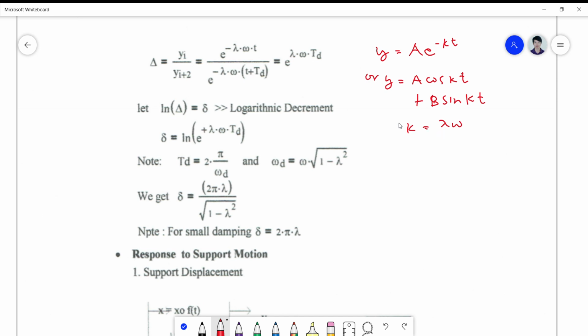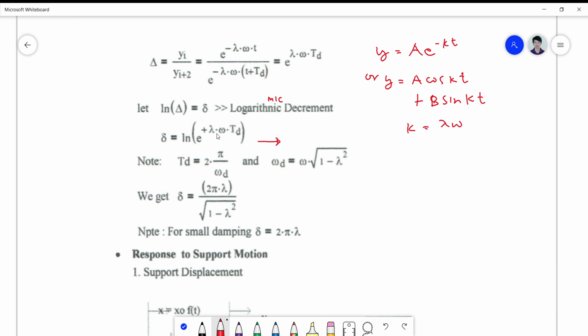For the logarithmic decrement, small delta is simply the natural logarithm of big delta. Defining it so, we take the logarithm of e to the lambda omega td, so we simply derive this equation.